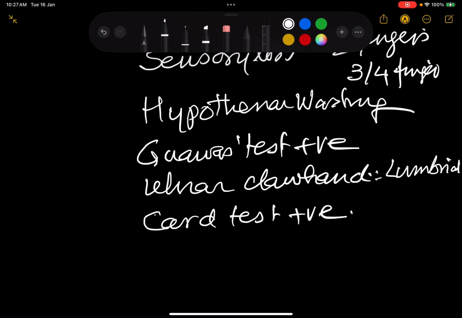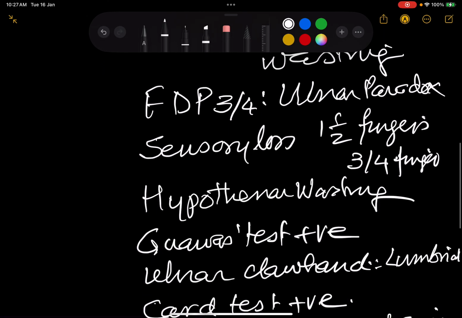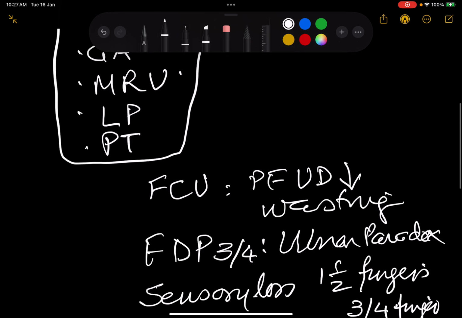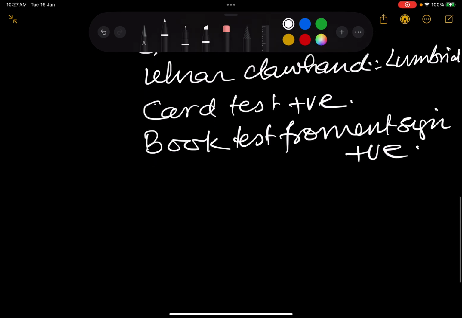Then adductor pollicis involved, that means book test or Froment sign positive. You look for arthropathic joints and neurotropic ulcers as well, because that indicates leprosy. So this is how the ulnar nerve is involved.